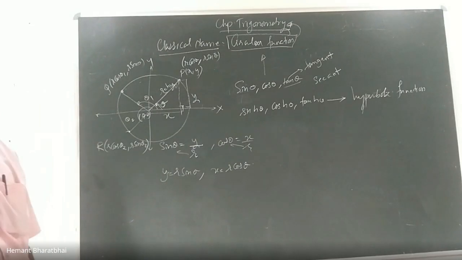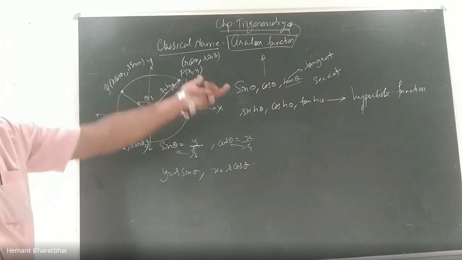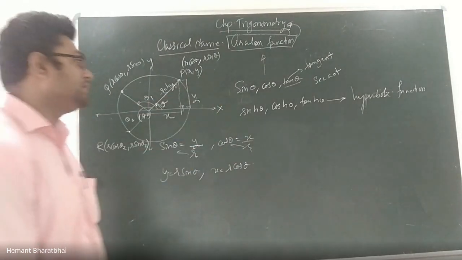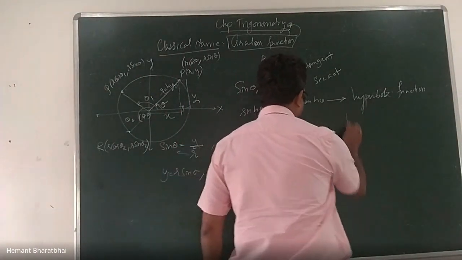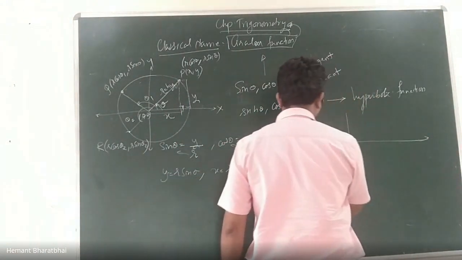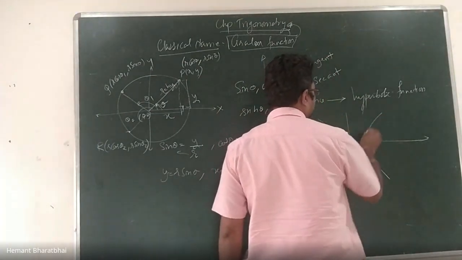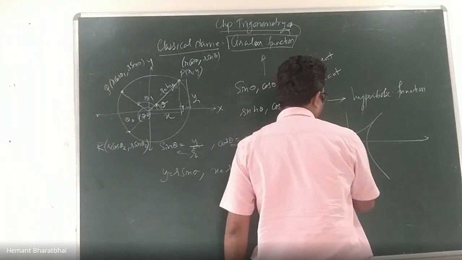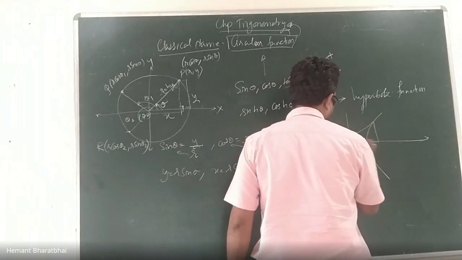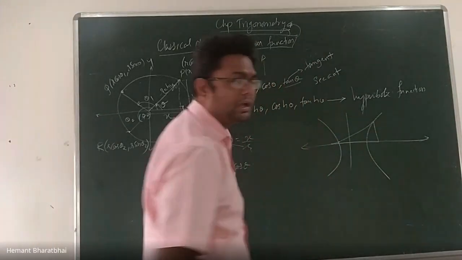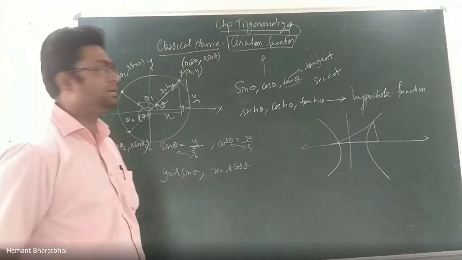You can take a screenshot of this, because there is a reason why we should know that it is the circular function. Now I said something is a hyperbolic function. Later on, we are going to study the hyperbola, and a standard hyperbola can be drawn something like this. I can apply trigonometry here also, and derive a similar kind of thing.